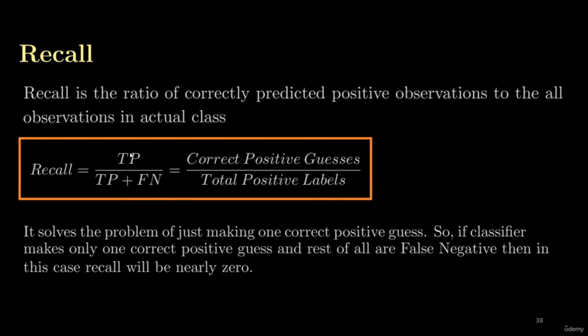Now if our model is only giving the value of TP, or true positive, and it is not giving any false negative, that is, if a classifier makes only one correct positive and the rest are all negative, then this quantity will become so large compared to this that our recall value will be nearly equal to 0. So the problem of precision is now solved with recall because we have added the representation of negative labels as well.